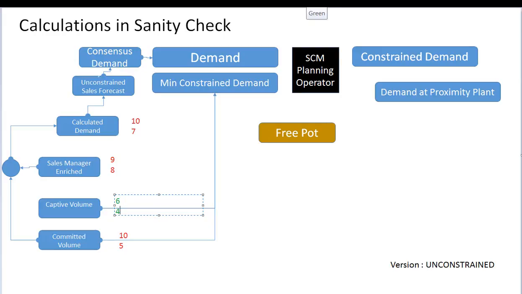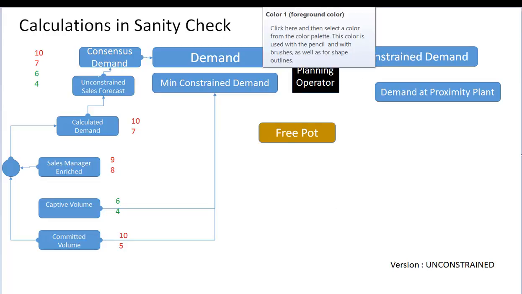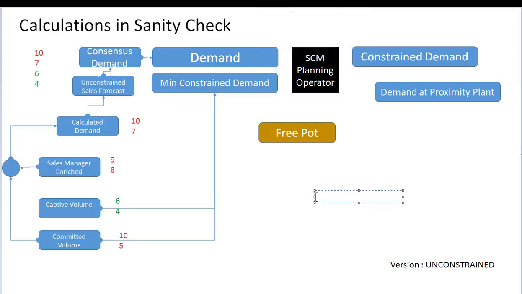In this case, the consensus demand will carry over the values. We have seen that with these figures, the capacity utilization may be around 100%.